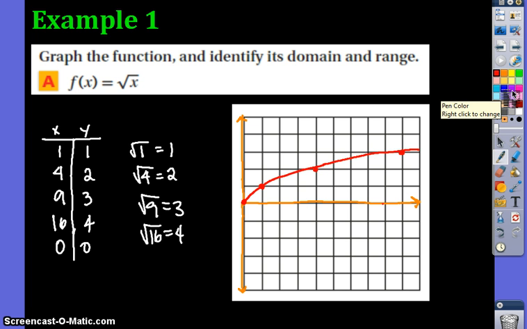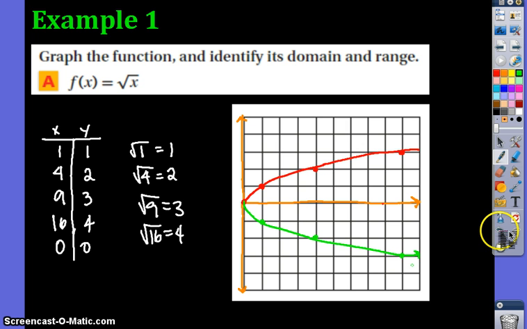If we put in negative values for x, we would wind up with the second half of our graph, which would be the mirror image, the reflection of this, and it would look something like this. So now you can see that it does make a parabola that's been turned on its side.